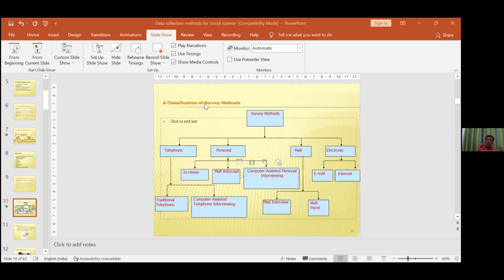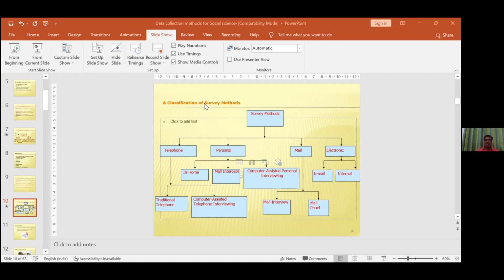We have also seen the criteria to be used before using secondary data: the credibility of the data collection method, who has collected the data, and whether the research methodology has been properly followed.